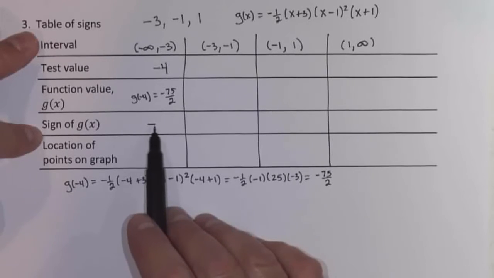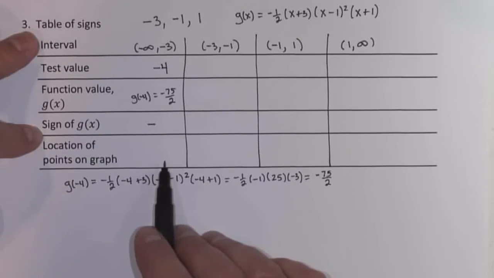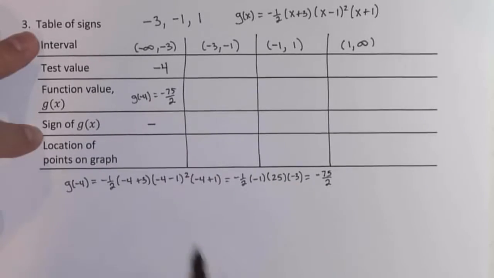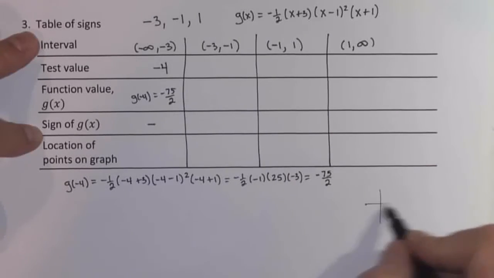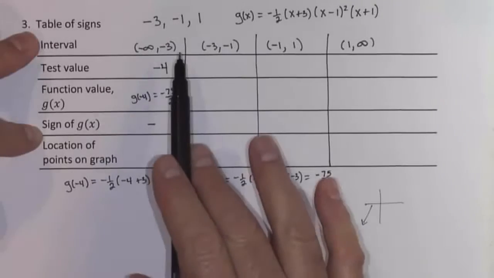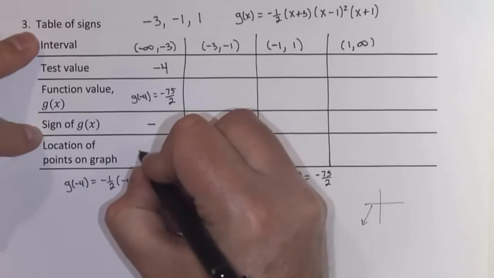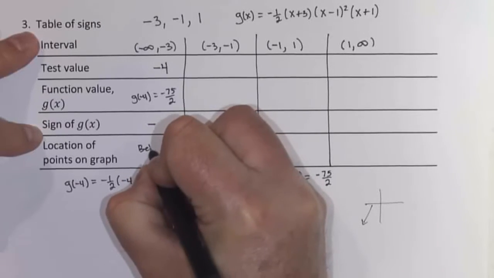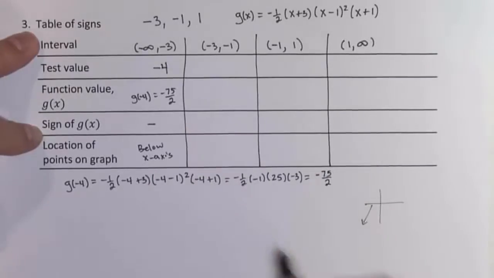So that means that the portion of the graph is going to be below the x-axis when we're on the interval from -infinity to -3. So when we graph this, the graph is going to be below the x-axis whenever we are to the left of -3.